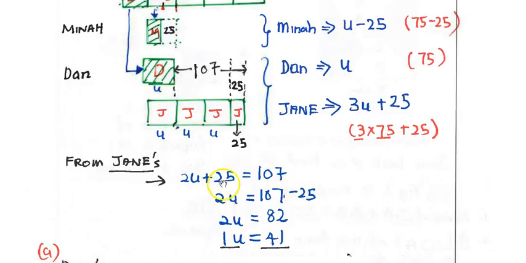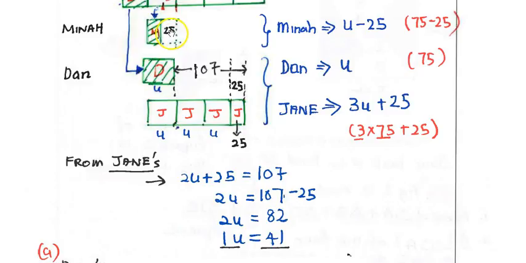Minus this 25 is 2 units. 2 units is 107 minus 25. 2 units is 82. 1 unit is 41. It means here, look very carefully. This is 41, 41, 41. That is 41.